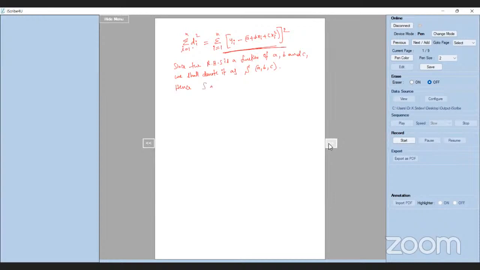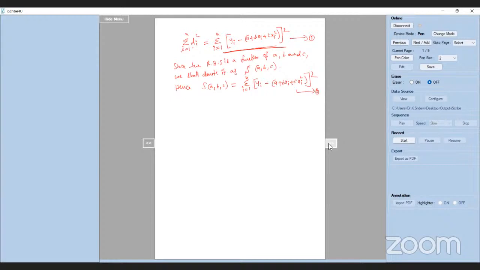Hence, S of a, b, c is equal to summation i is equal to 1 to n of (yi minus (a plus bxi plus cxi square)) whole square. Now, give equation number 1 for this one and 2 for this one.